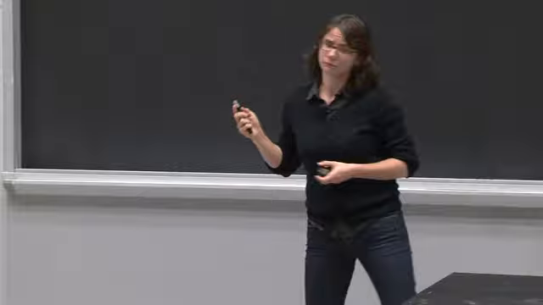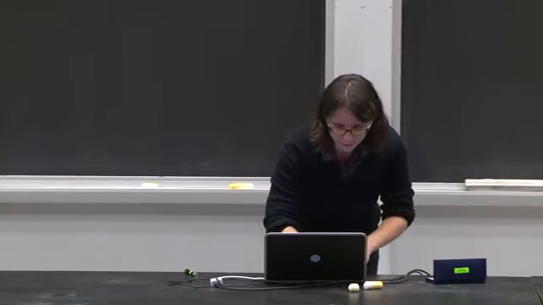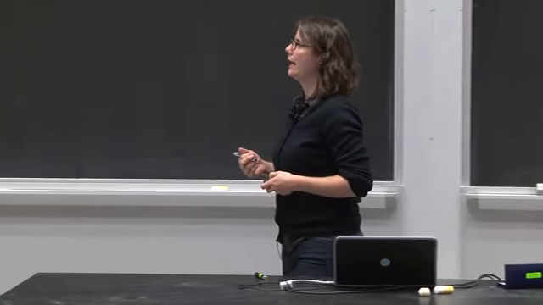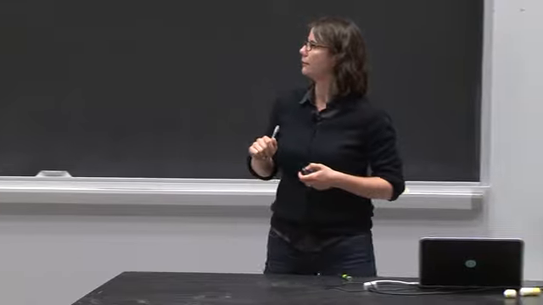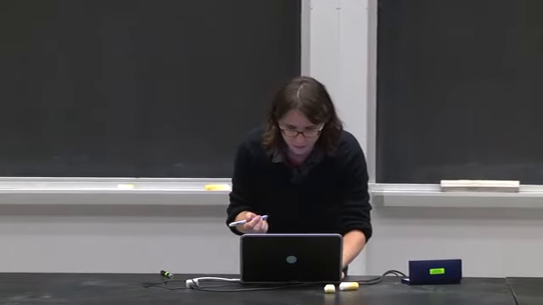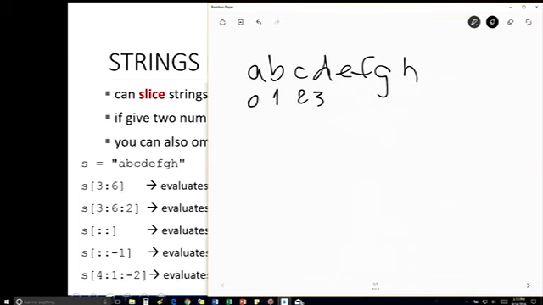With this string s, we start from index 3 and go up until index 6. So if we have A, B, C, D, E, F, G, H, this is position 0, 1, 2, 3, 4, 5, 6, 7.